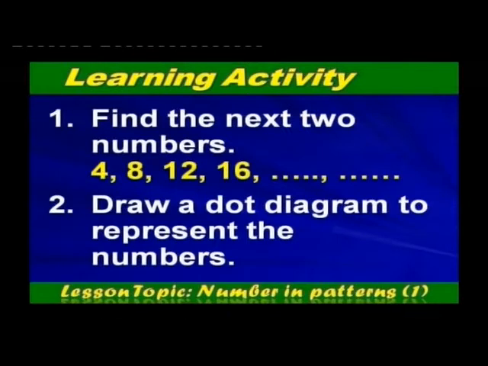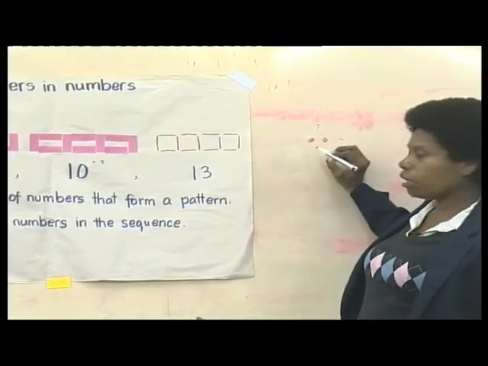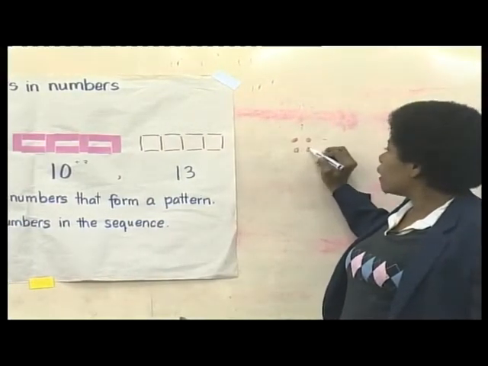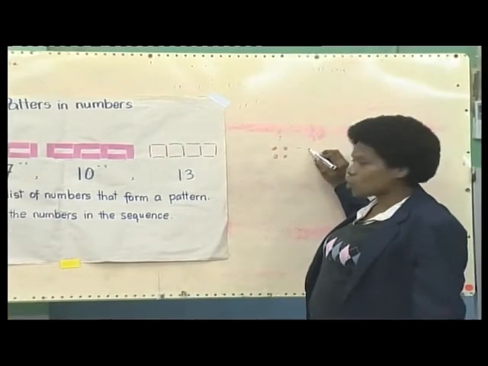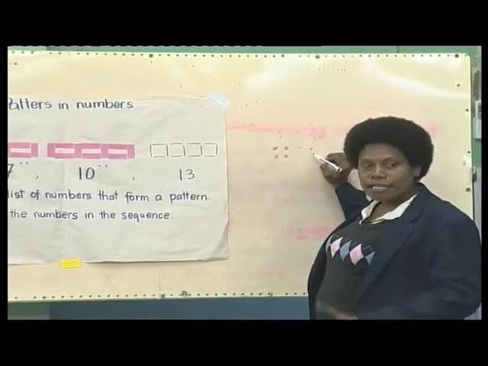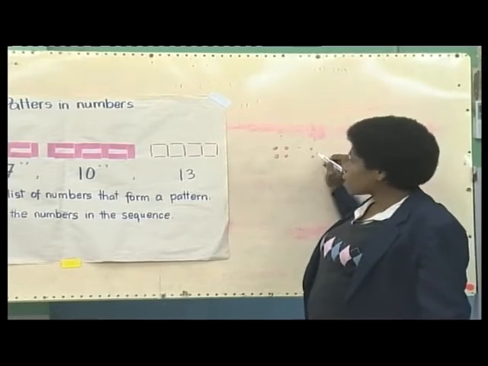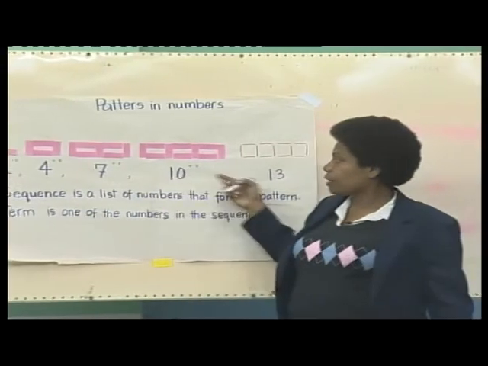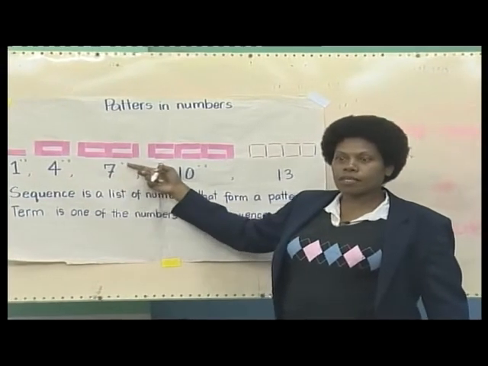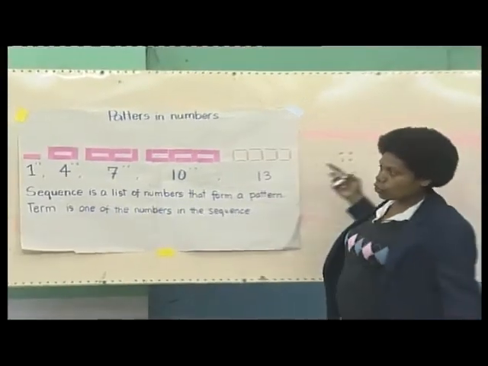For example, 4, how many dots? 4, and then so on. 8, so you just draw dots to represent. Like with what I have here, these strips, you're going to draw dots.